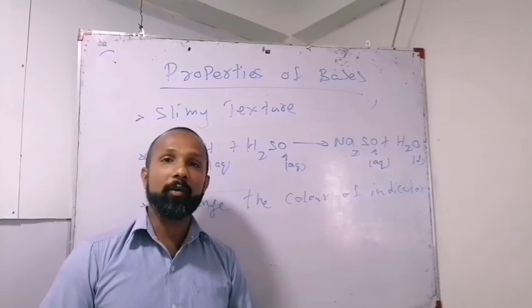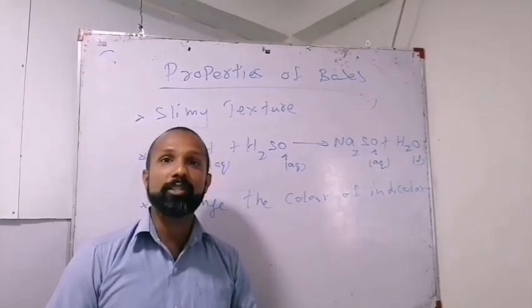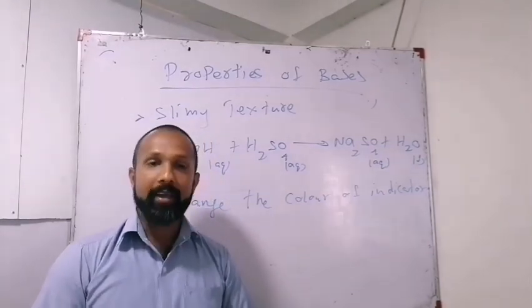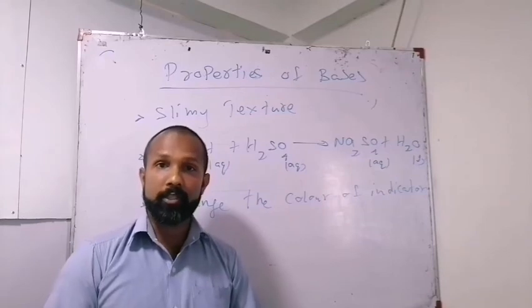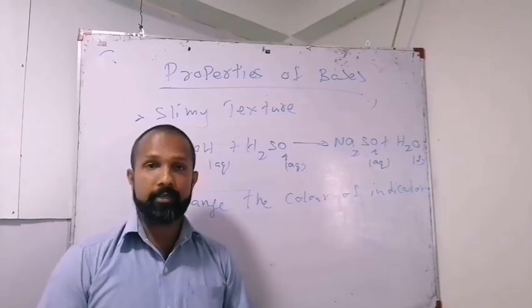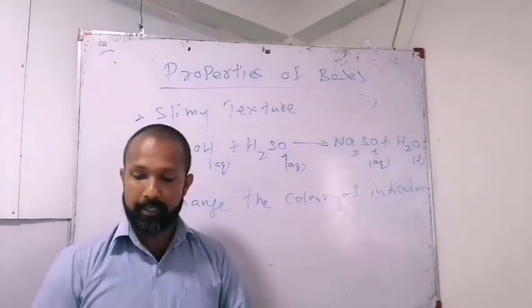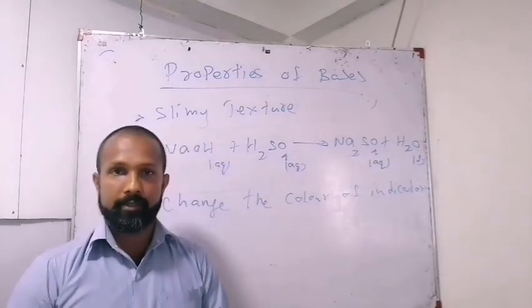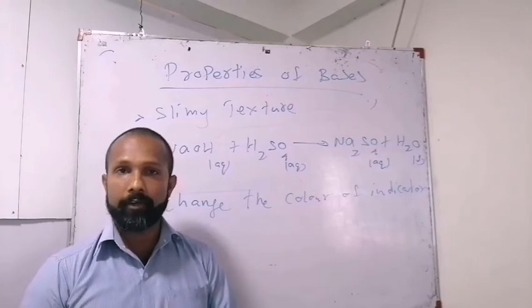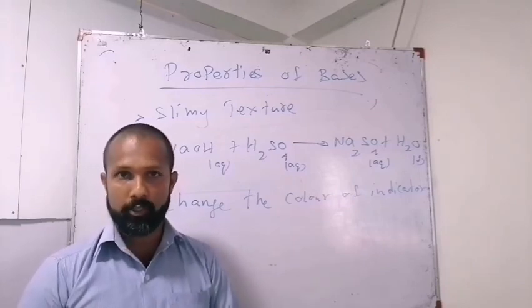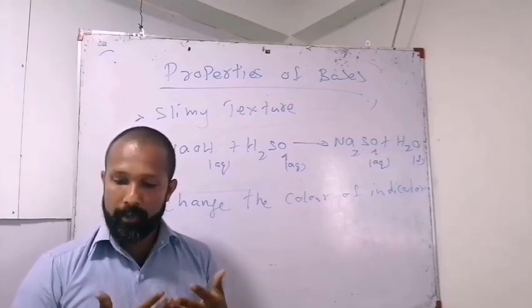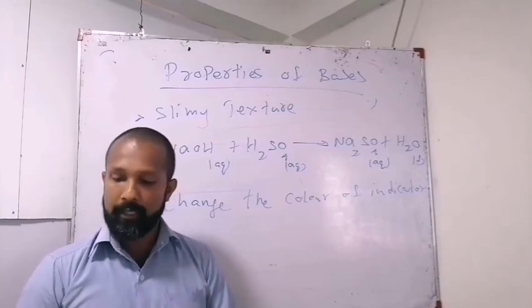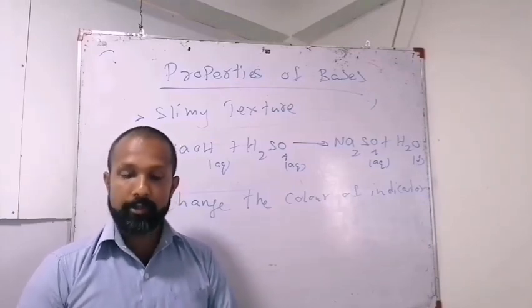Right, now we have to understand the uses of bases. We use bases in our day-to-day activities as well as in some laboratory experiments. For example, bases such as sodium hydroxide are used for the production of soap, paper, artificial silk, and paints.